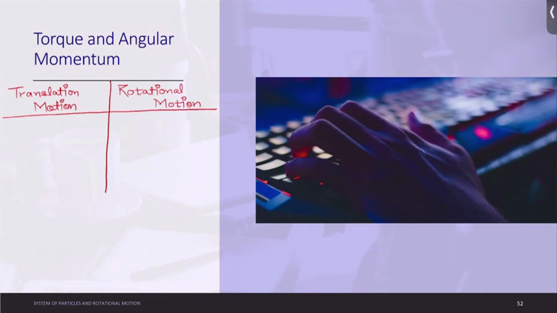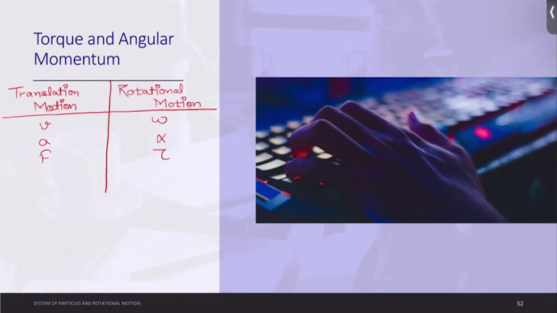Okay, fine. So first of all, we understood velocity here as omega. Here we understood acceleration as alpha. The next concept was regarding force, which is torque, tau.